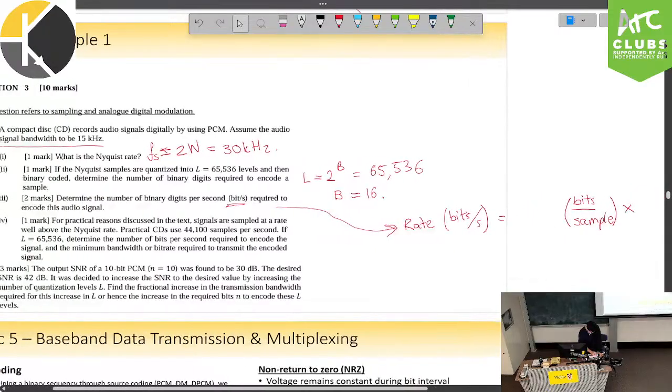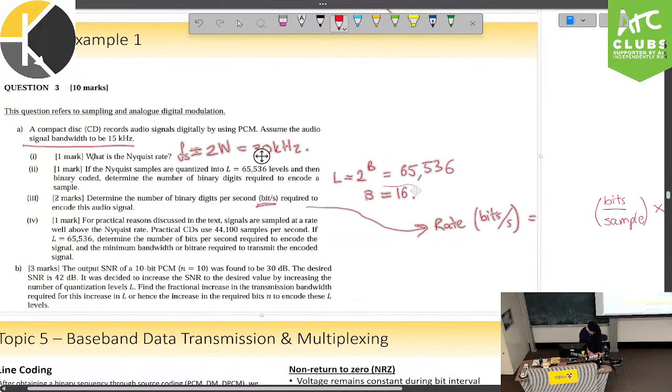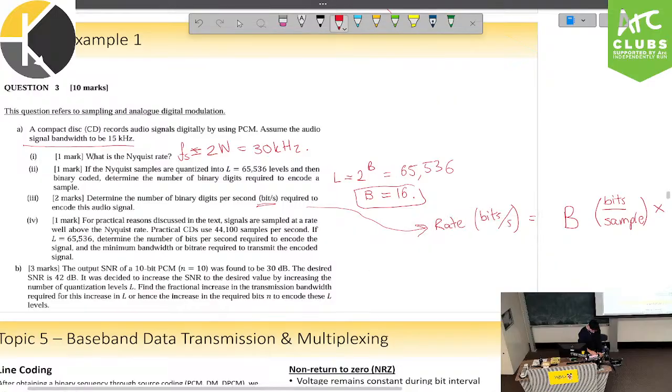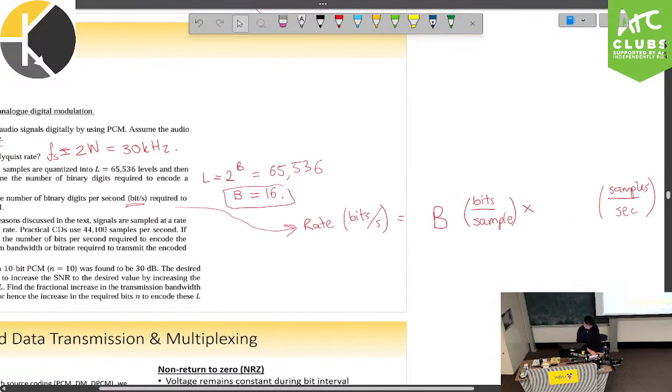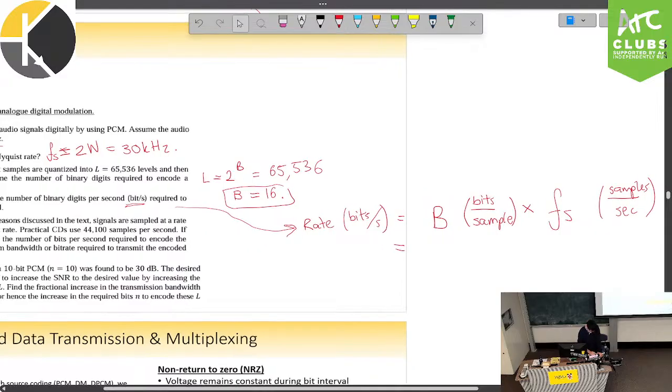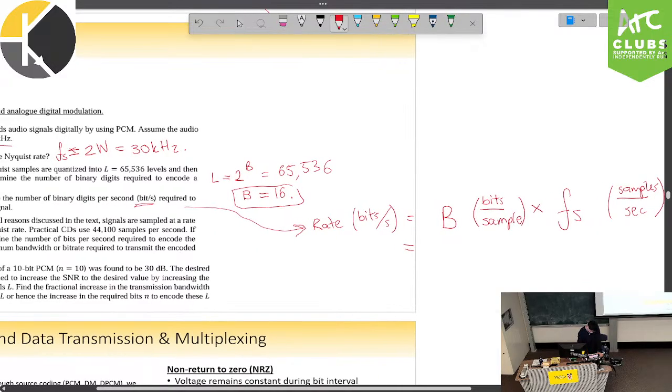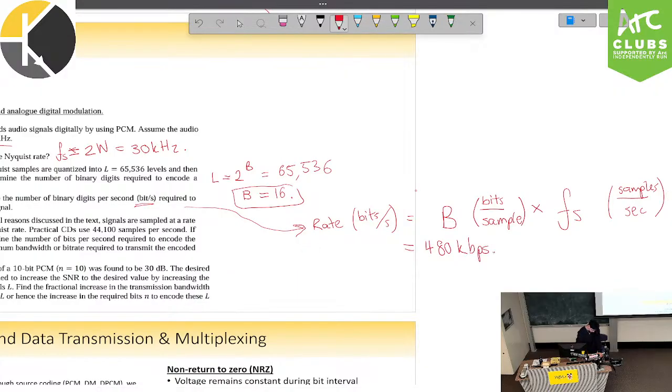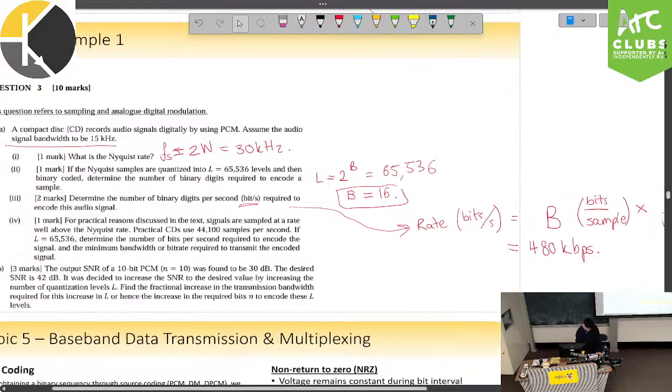So the bits per sample is simply the number of bits we have every sample. So this will be our B. And our samples per second is our sampling frequency. So we have our rate equal to the number of bits times our sampling frequency, which will give us 16 times 30 kilohertz. That is, I believe, 480K bits per second. Is that right? I think so.